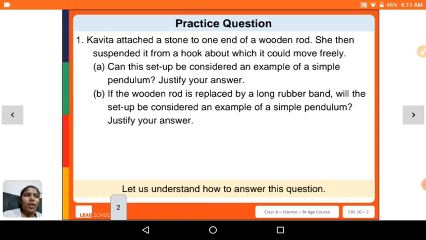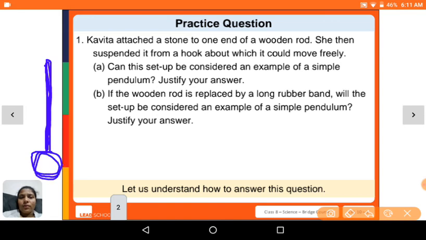Justify your answer. So what is said: Kavita attached a stone to one end of the wooden rod. So this is the wooden rod, if we consider, and Kavita attached a stone here, right? And then she hung it on a hook, so it can move freely. So the first question is, can this be considered as a simple pendulum?